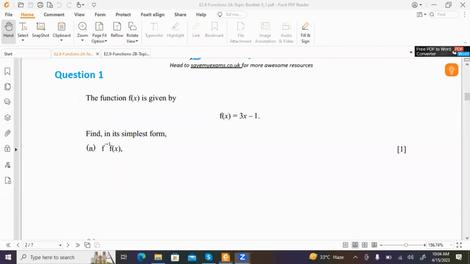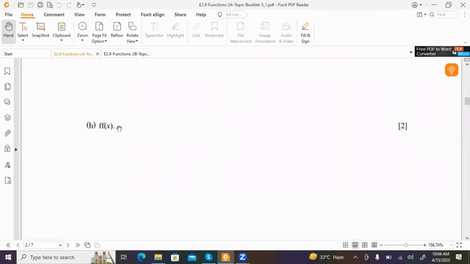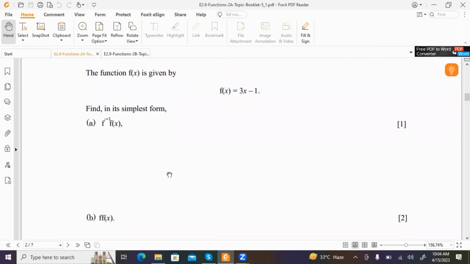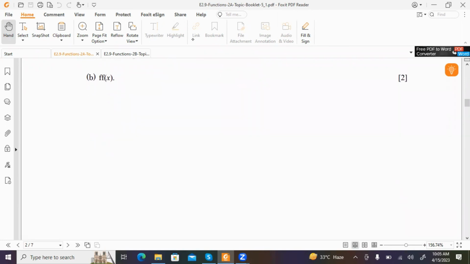So now if we move to the next part, it's saying find f of f of x. So now we're going to find the composite function of f of f of x. In this case, we're going to replace the domain of f of x with f of x.